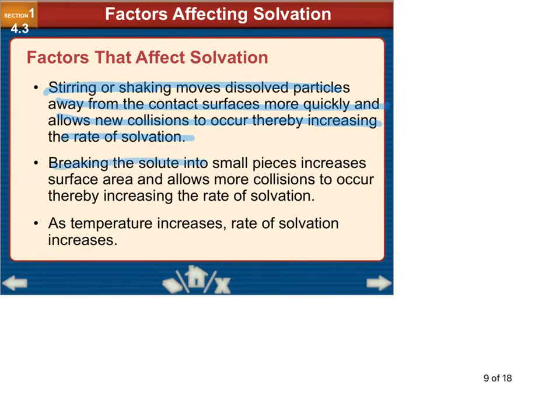So breaking apart the solute into smaller pieces, increasing the surface area, allows more collisions and increases the rate of solvation. As temperature increases, the rate of solvation increases, because the particles are going to move faster. They're moving faster, more collisions. So it's all based on the number of collisions.